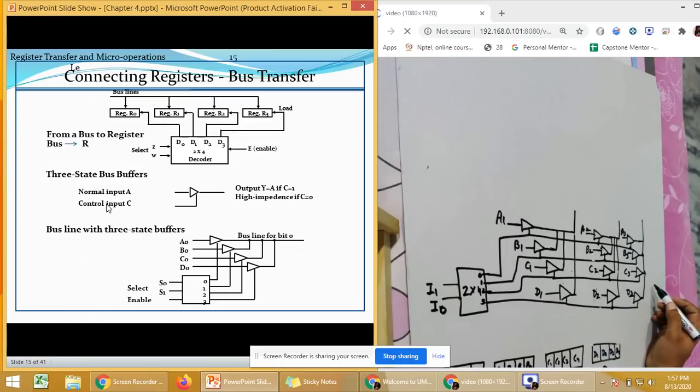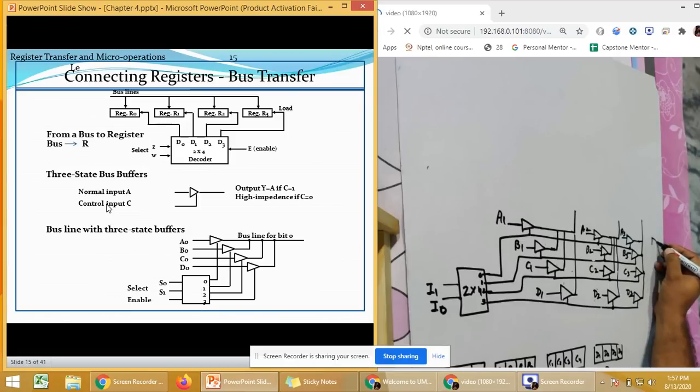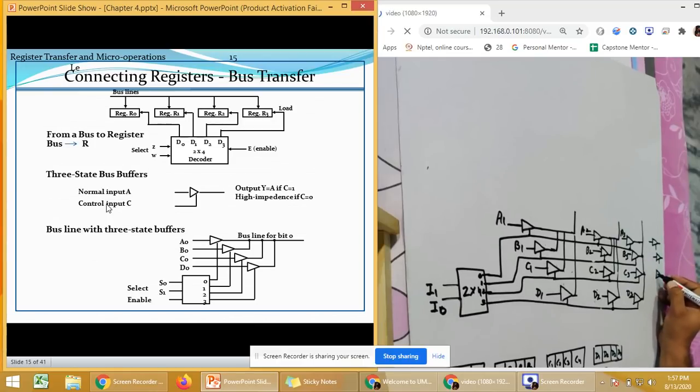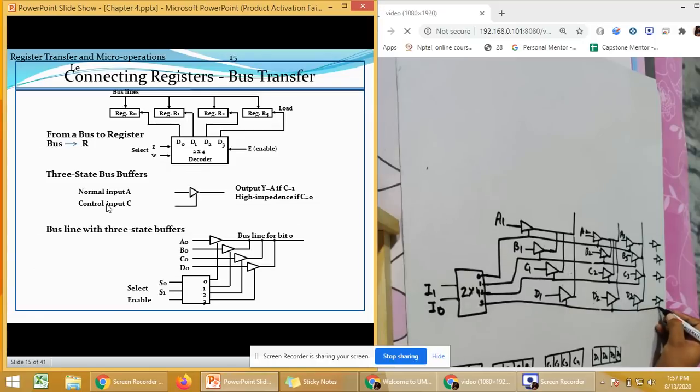Similar for the next. Just connect these lines. Here it will be A4, B4, C4, and D4, and we are going to get a single output from this place.